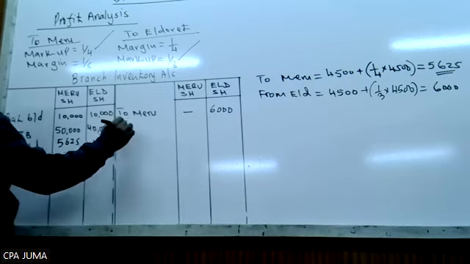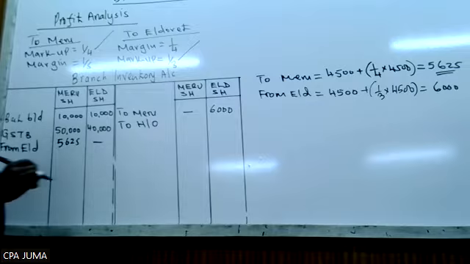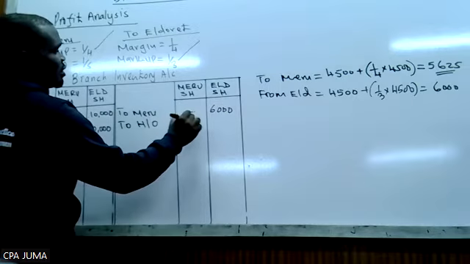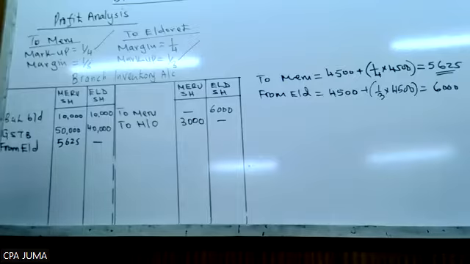So you credit the account to head office. The returned goods worth how much? 3,000. So you credit the account.